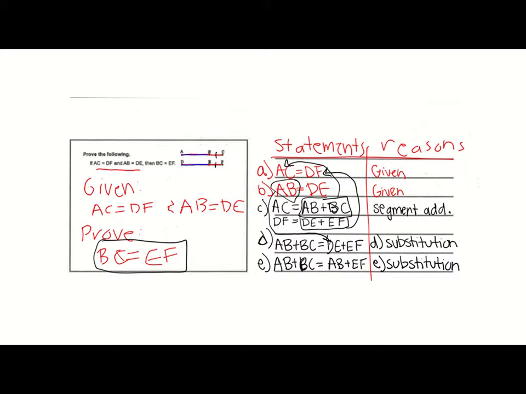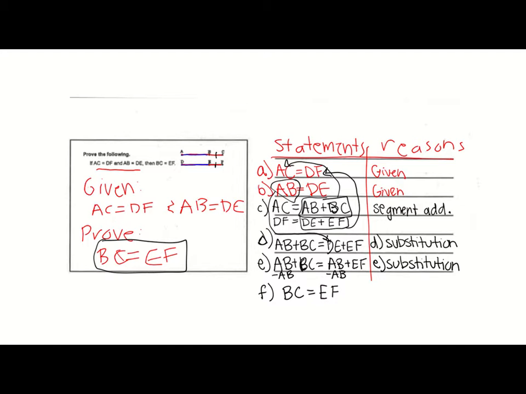Okay, I'm close. Now I just have to get rid of that AB on both sides. So if I have an AB on both sides, I can subtract AB from both sides. And that leaves me with BC equals EF.